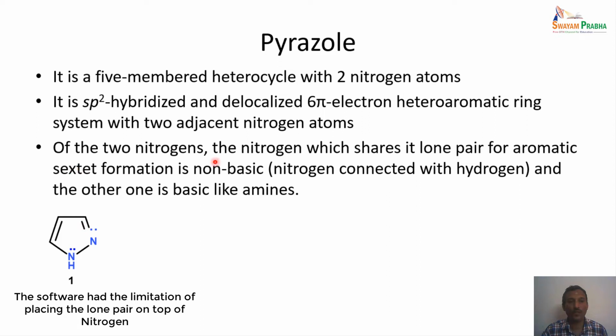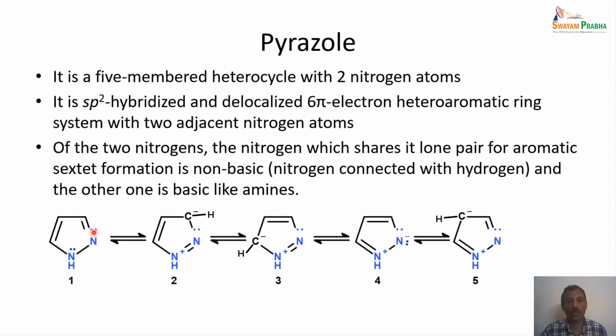And of these 2 nitrogens, the nitrogen with the hydrogen is the non-basic one, because it donates its lone pair of electrons to the aromatic pi bonding, and the other nitrogen does not share its lone pair. So this is the basic nitrogen, and this is very similar to normal amines.